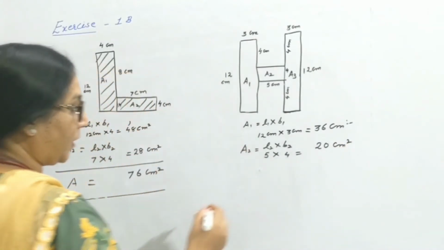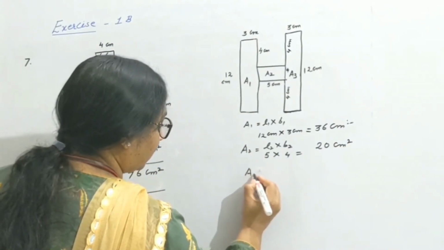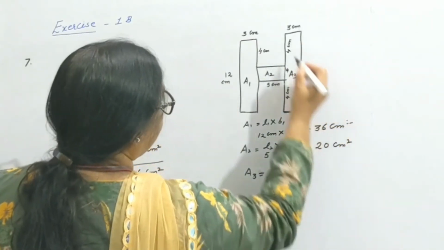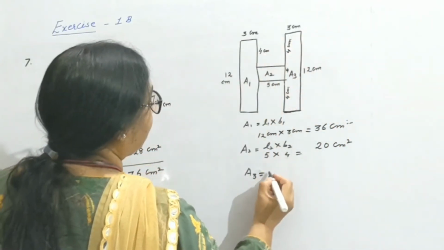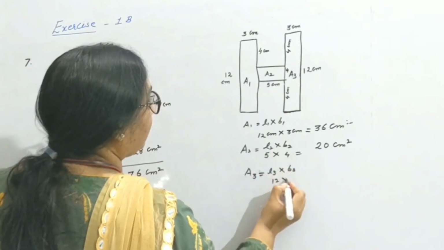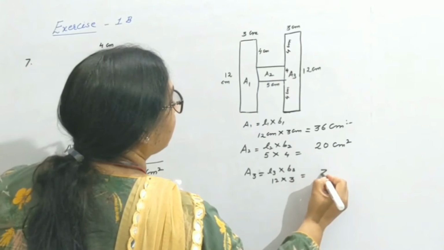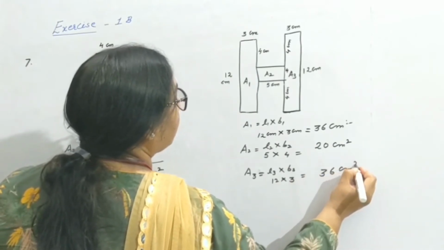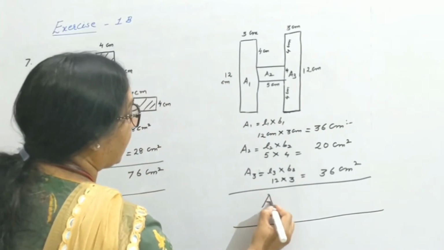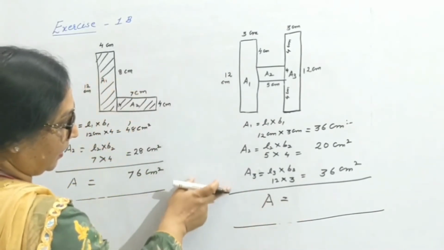Now let's calculate area 3, that is the area of the third rectangle. Length is 12 centimeter and the breadth is 3 centimeter. So L3 into B3. Substitute the value. 12 into 3 equals 36 centimeter square. To find the total area of the figure, that is the final A equals the sum of the three areas.